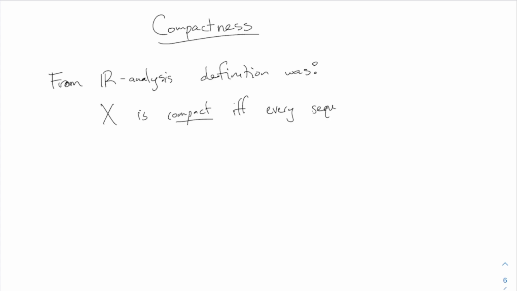Every sequence, this is the kind of thing that you remember until the end of your real analysis class, and then you remember it again for like a week when you take the comprehensive exam, and then you don't remember it after that.